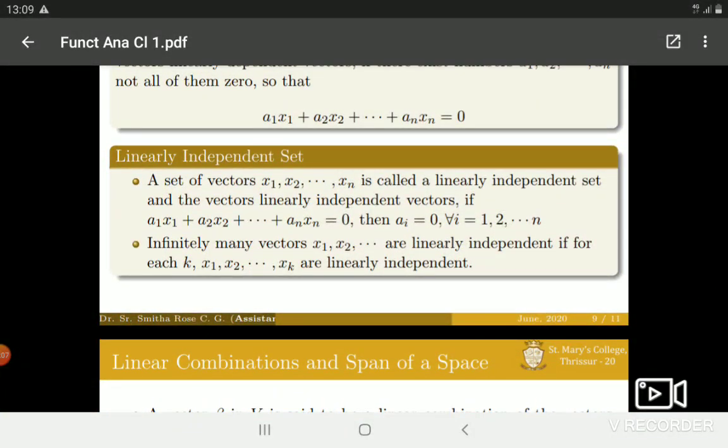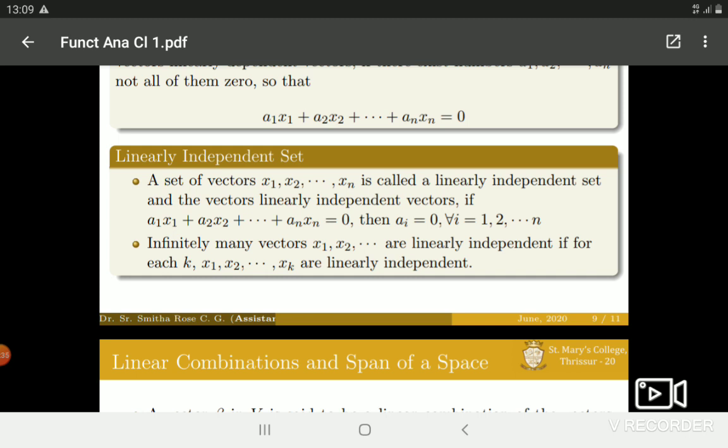Linearly independent set. A set of n vectors x1, x2, etc., xn is called a linearly independent set, and the vectors linearly independent vectors, if we have the linear combination a1 x1 plus a2 x2 plus etc. plus an xn equal to 0, then each ai is equal to 0 for every i equal to 1, 2, etc., n.